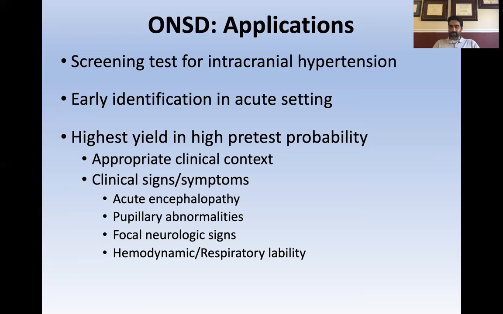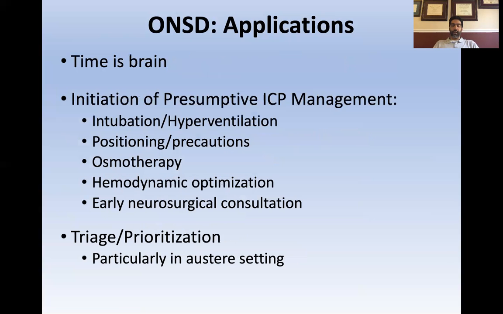They had head trauma, for example, they're altered, they're vomiting, or they have an acute change in mental status, acute change in neurologic exam, pupillary abnormalities, a clinical syndrome that is making you concerned for high ICP, so their clinical pretest probability is high. If in that patient you measure the optic nerve sheath and it's dilated, then that's very concerning for high ICP.